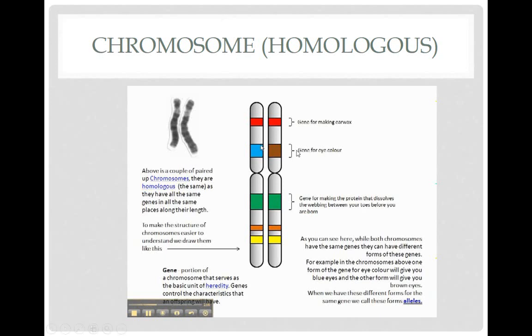And again, just as an example, dad might have code for brown, while mom might code for blue, and we have to just determine which one of those is going to be more dominant, and then obviously portray that.